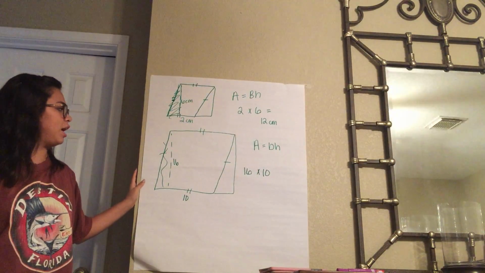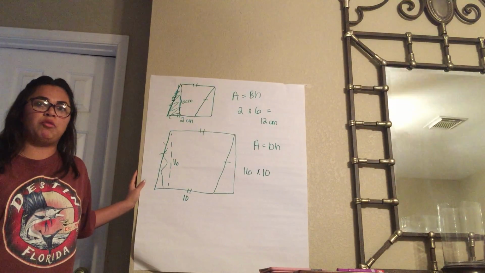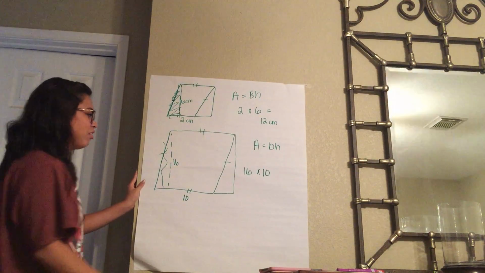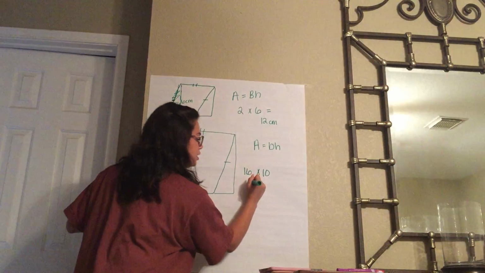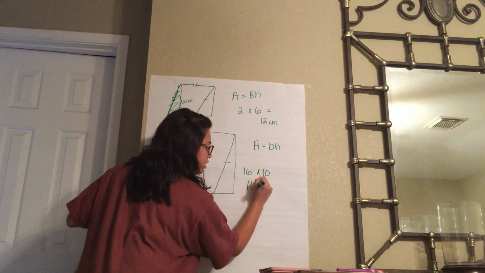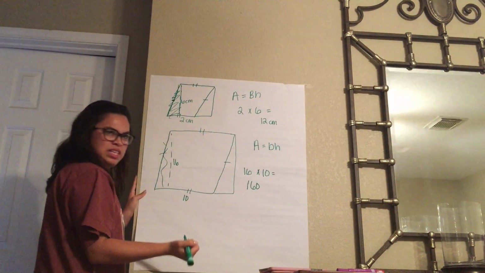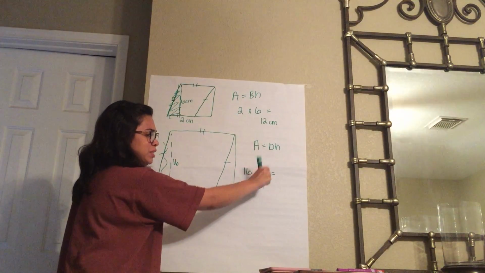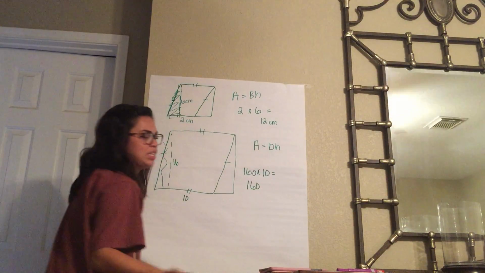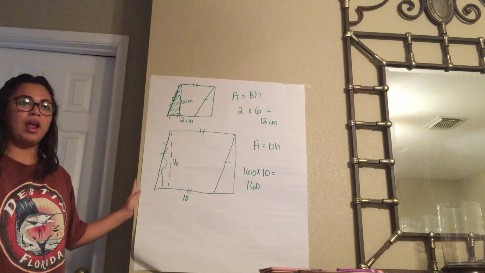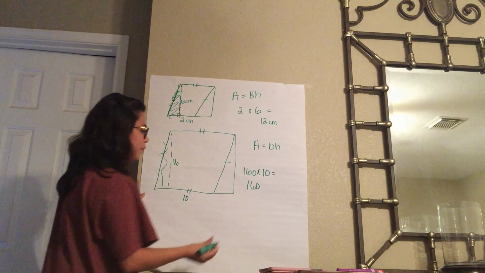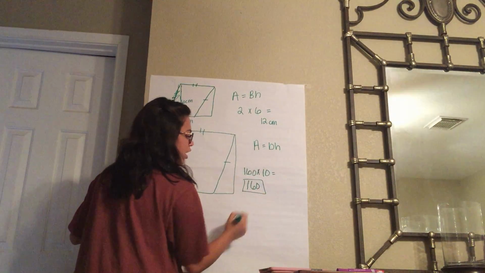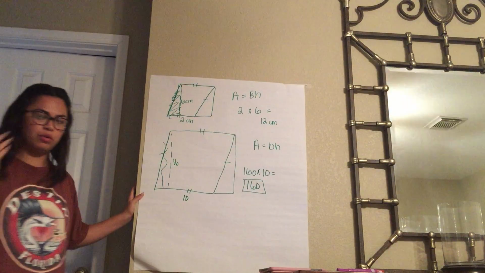And if someone could help me out with that math, that would be great. Someone said 160. I like these answers because when you multiply times 10, you basically just add a 0 to the end of the first number and you get your answer. So that is our answer.